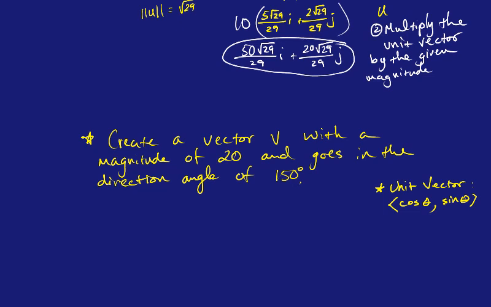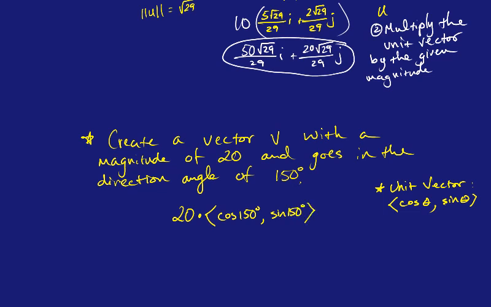So the way to create the given vector is to multiply the magnitude, 20, times cosine of 150 and sine of 150 degrees.